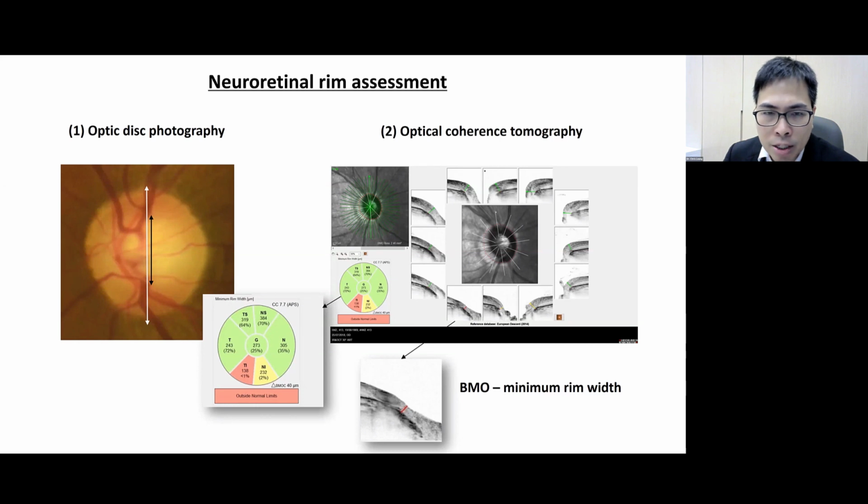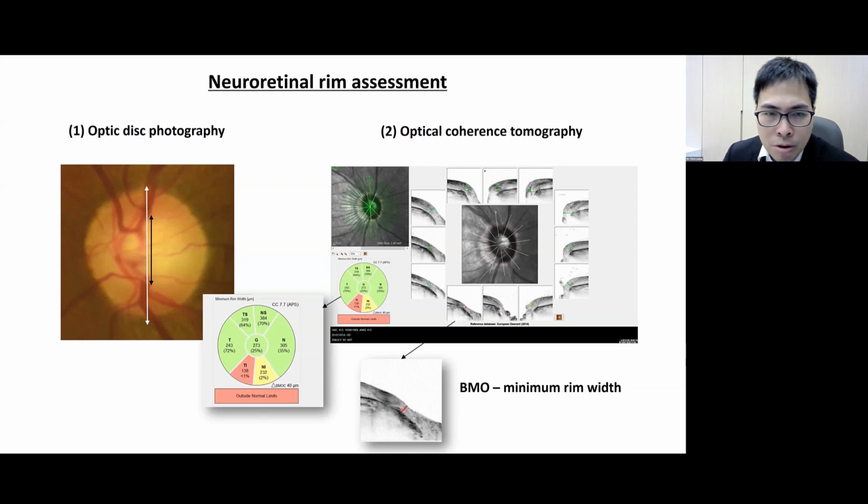All optic neuropathies, glaucomatous or non-glaucomatous, would have a thin retinal nerve fiber layer, because all optic neuropathies basically mean loss of retinal ganglion cells, degeneration of retinal ganglion cells. And that's why we have loss of RNFL in all kinds of optic neuropathies. But loss of the neuroretinal rim is relatively specific for glaucoma. That's why evaluation of the neuroretinal rim is important in the diagnosis of glaucoma.